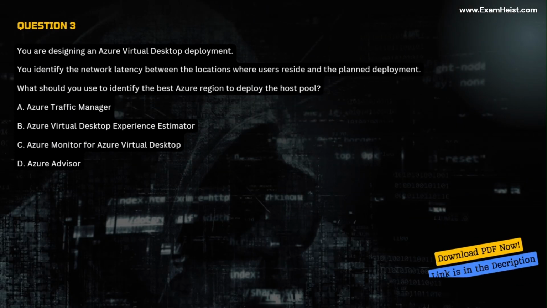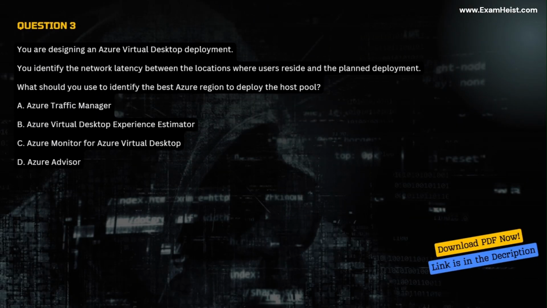Question 3. You are designing an Azure Virtual Desktop deployment. You identify the network latency between the locations where users reside and the planned deployment. What should you use to identify the best Azure region to deploy the host pool? A. Azure Traffic Manager. B. Azure Virtual Desktop Experience Estimator.